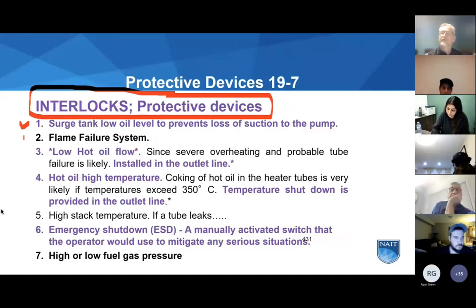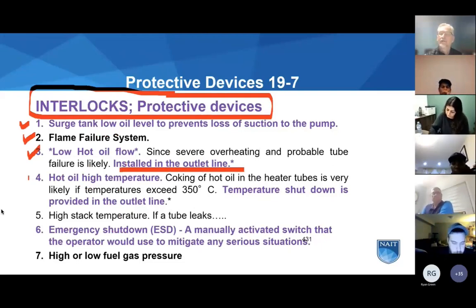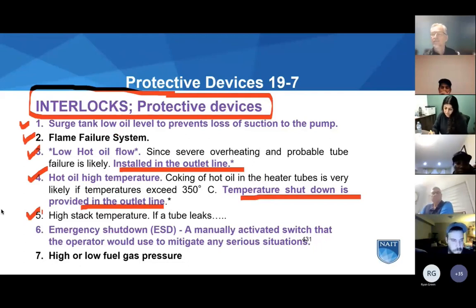Flame failure systems, so flame detection on all furnaces. Low hot oil flow installed in the outlet line. Hot oil high temperature is a shutdown, also taking the temperature of the oil on the outlet line. We would be monitoring for high stack temperature. If there is a tube leak, oil spilling inside the furnace, it's going to be an instant fire.